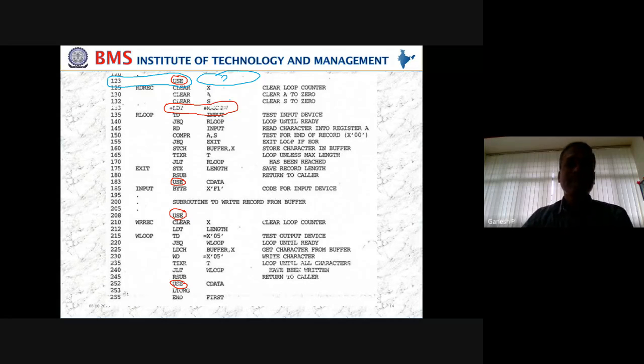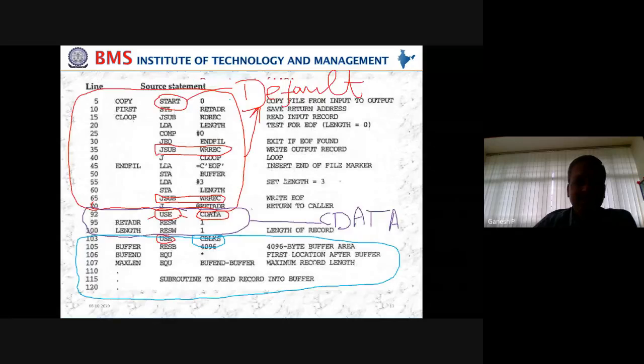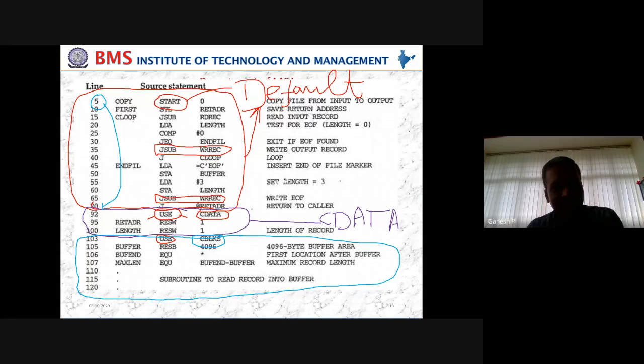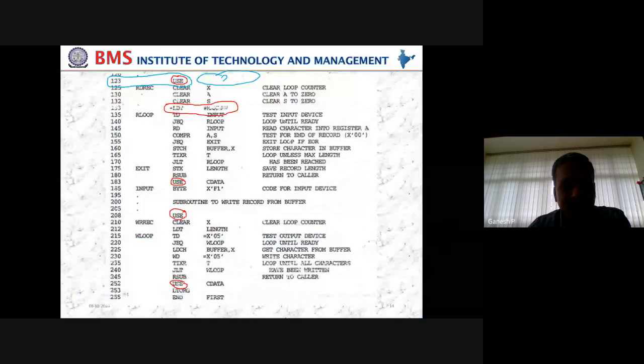So this USE is nothing but the default USE, meaning that the default block started at line number 5, came up to line number 70, and after that, the default block stopped. Now again it is resuming at line number 123. So when there is no name, this is nothing but the default block. So the default block continues now after 70 from 123.